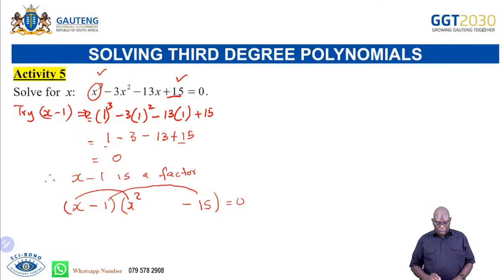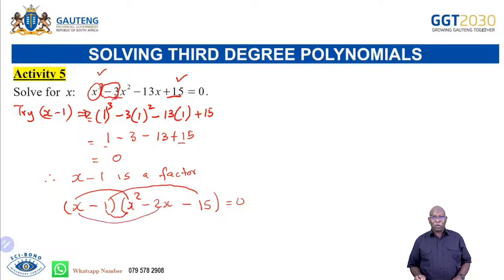Now, for me to get minus 3x squared, if I multiply this by that, I'm going to get negative x squared. But here I've got negative 3x squared. So from negative 1x squared, I need minus 2x squared, because that multiplied by that will give me negative 2x squared.